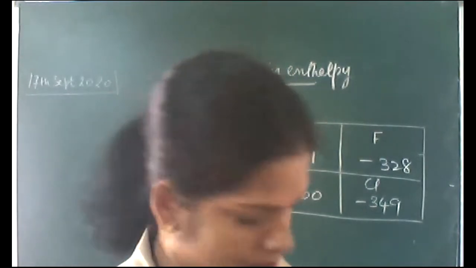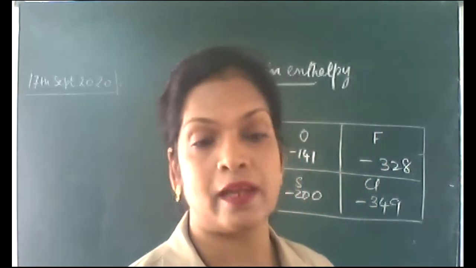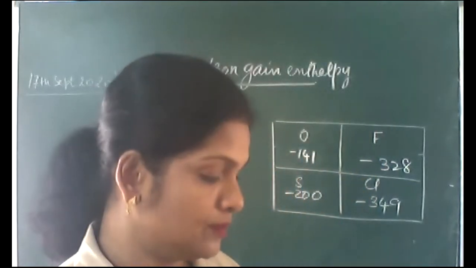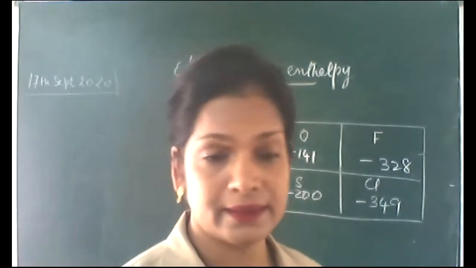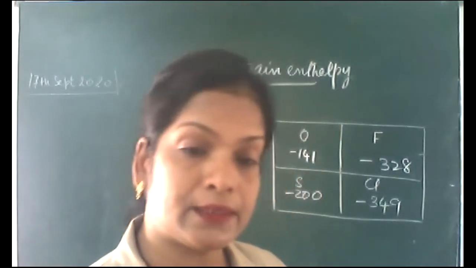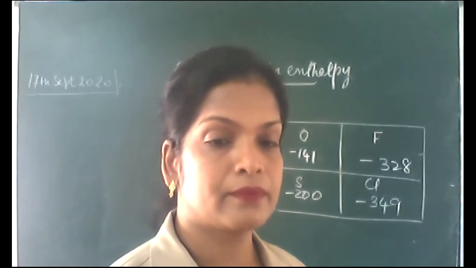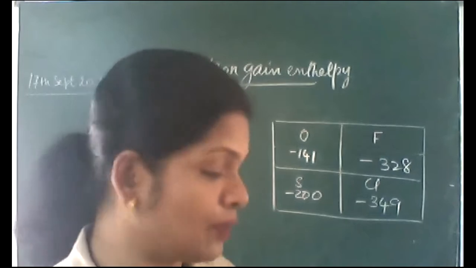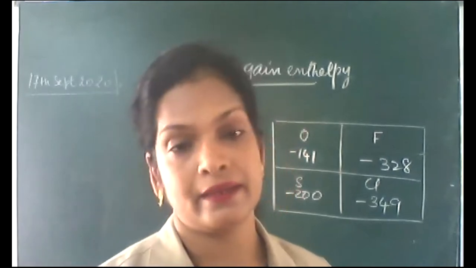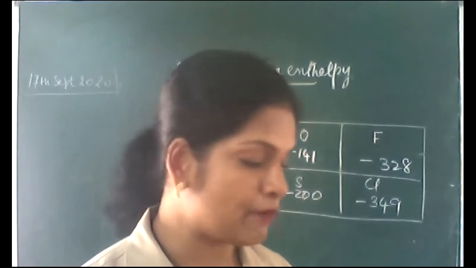So write down the question: Oxygen has less electron gain enthalpy with a negative sign than sulfur.